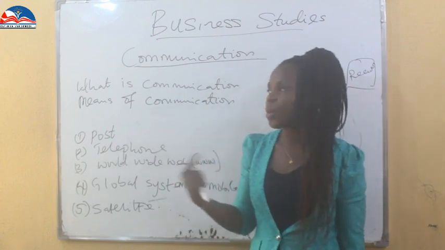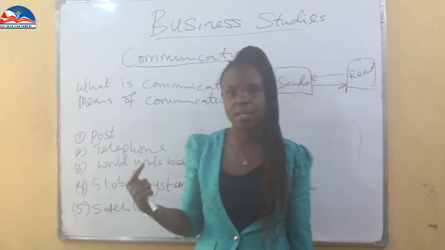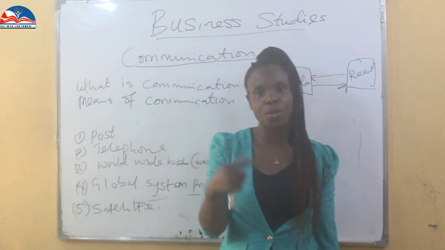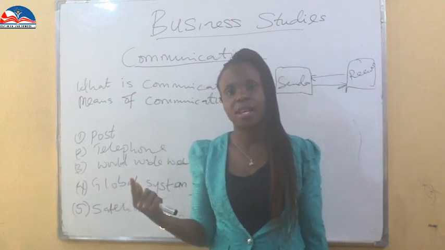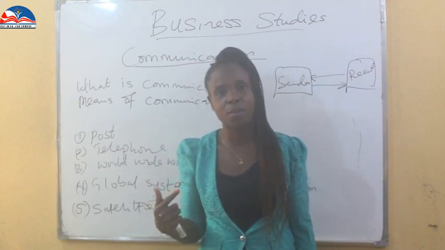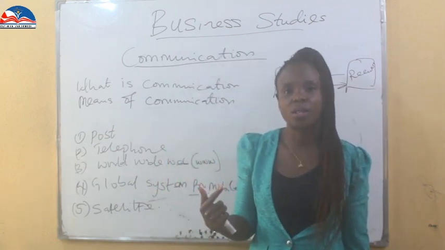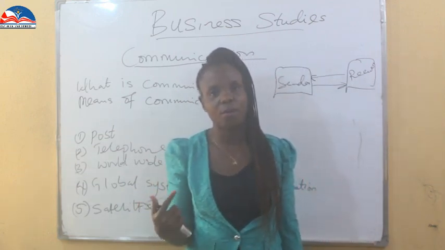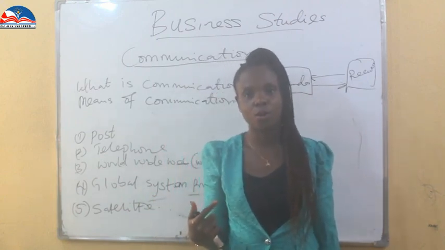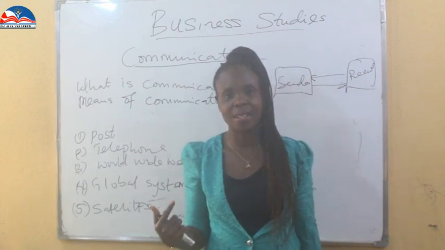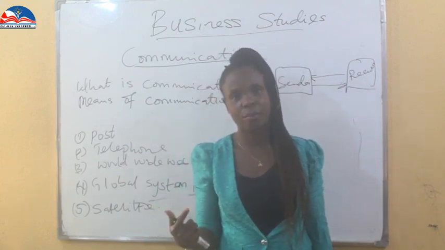So if there is no communication between these two parties, business cannot take place because producers cannot sell and consumers cannot buy. So communication makes it possible for the product to get to its finishing point, and for information to get to those who are final consumers, or those who are agents, those who are middlemen in the business world.